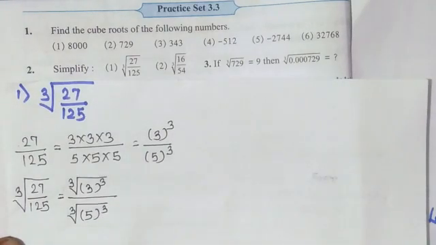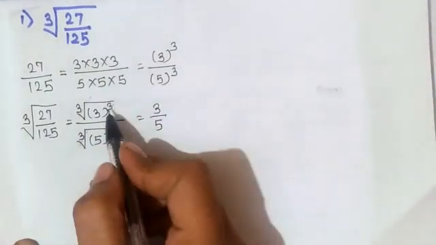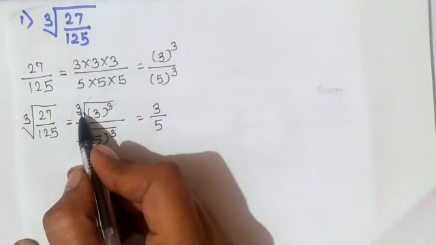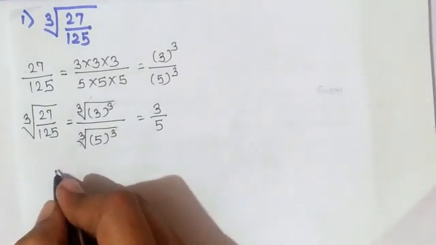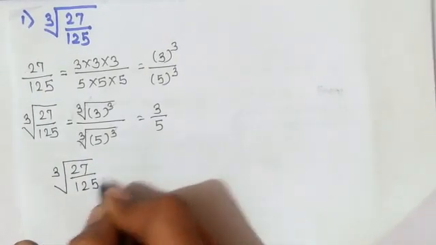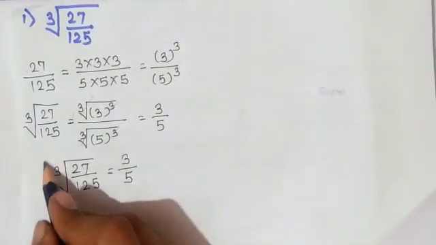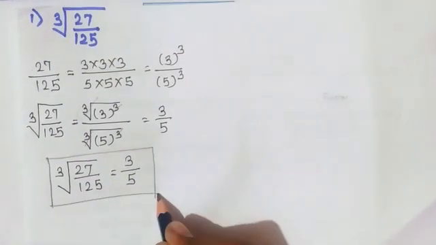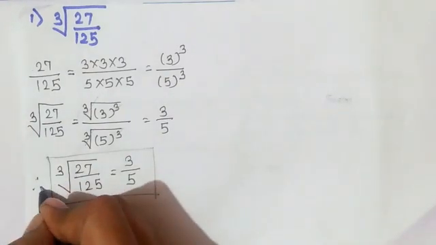So here this cube and cube root symbol will be cancelled, and our answer will be 3 upon 5. So we will write directly 3 and 5. At last we have to write the cube root of 27 upon 125 is equal to 3 upon 5. This is our final answer. So you have to make the bracket towards the answer. Got it? And here you have to put the symbol of cube root.